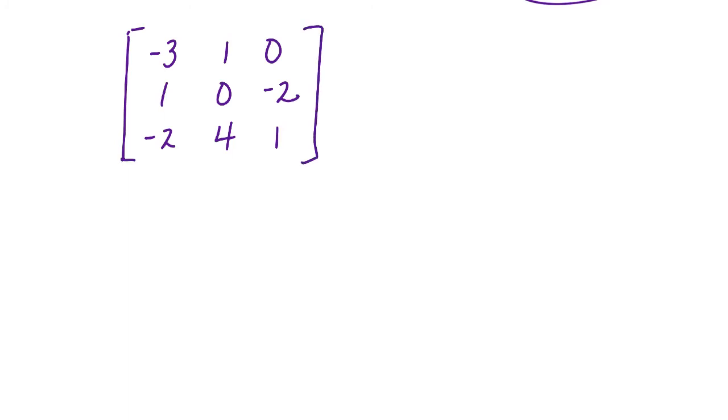Now, these first 2 rows, I'm going to rewrite again right next to it. So negative 3, 1, negative 2, 1, 0, 4. Are you with me? And we are going to plug and chug numbers again.